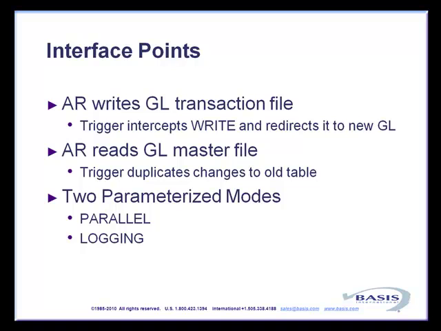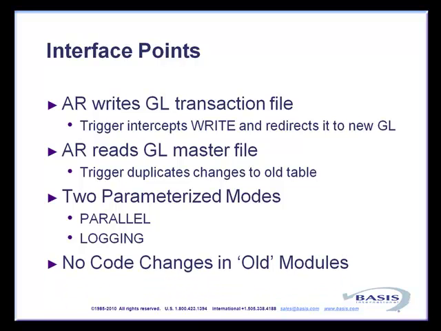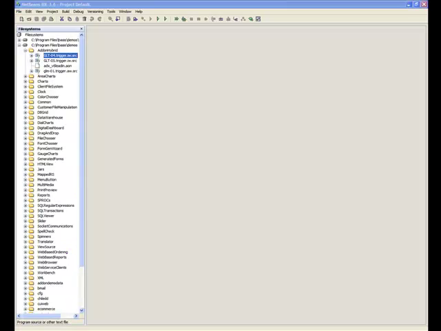So these are modes that we've implemented within the trigger code. And no code changes were required to the old modules. So that means this was a very low risk change for us, very easy for us to test, the ability to run it in parallel to ensure that the old GL and the new GL would balance, that they would give the exact same results that we would expect.